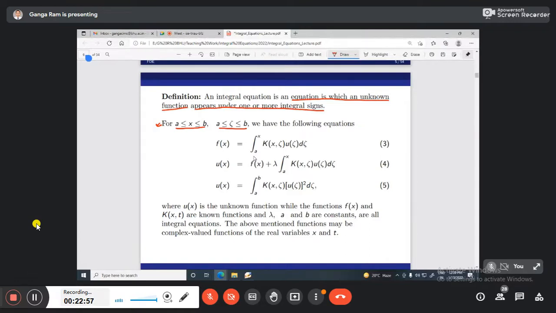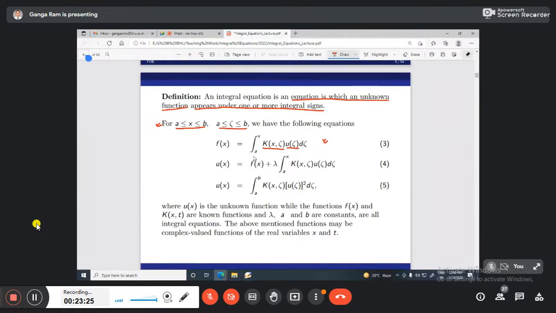It is given here f(x) equal to the integral from a to x of k(x, zeta) u(zeta) d zeta. Okay, this is one type of integral equation. There are two functions, one function is here and the second function is here. Do you agree with this?